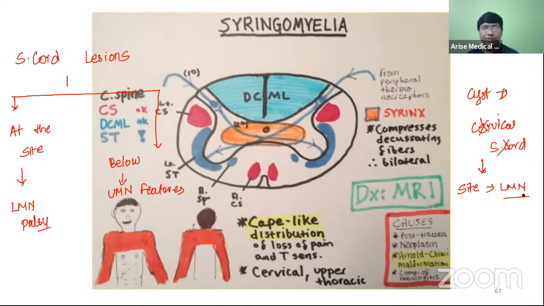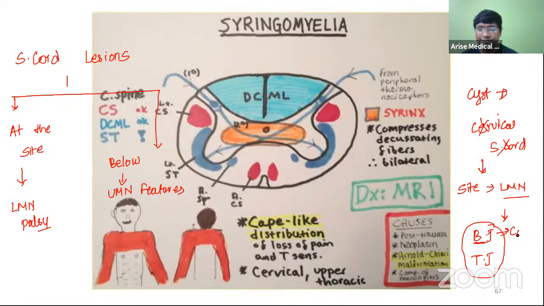Okay. Now, you take your biceps jerk and the triceps jerk. What is the root value of the biceps and triceps jerk?